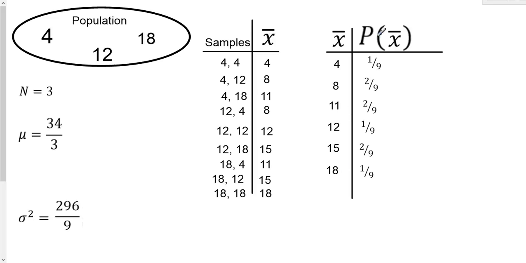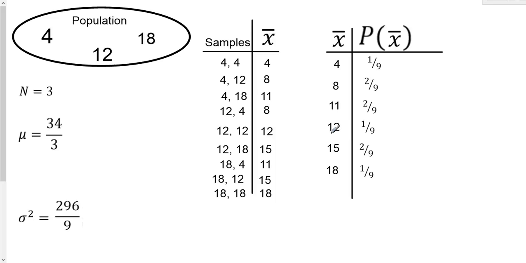Over here I have the probability of getting each of these individual values. The probability of getting a sample mean of 4: well, 4 is only one of the total possibilities, and there are 9 possibilities, so 4 has probability 1/9. A sample mean of 8: the probability is 2 out of 9, 2/9. The probability of getting an 11 is also 2/9, since there are two 11s out of the total 9 possible sample means.